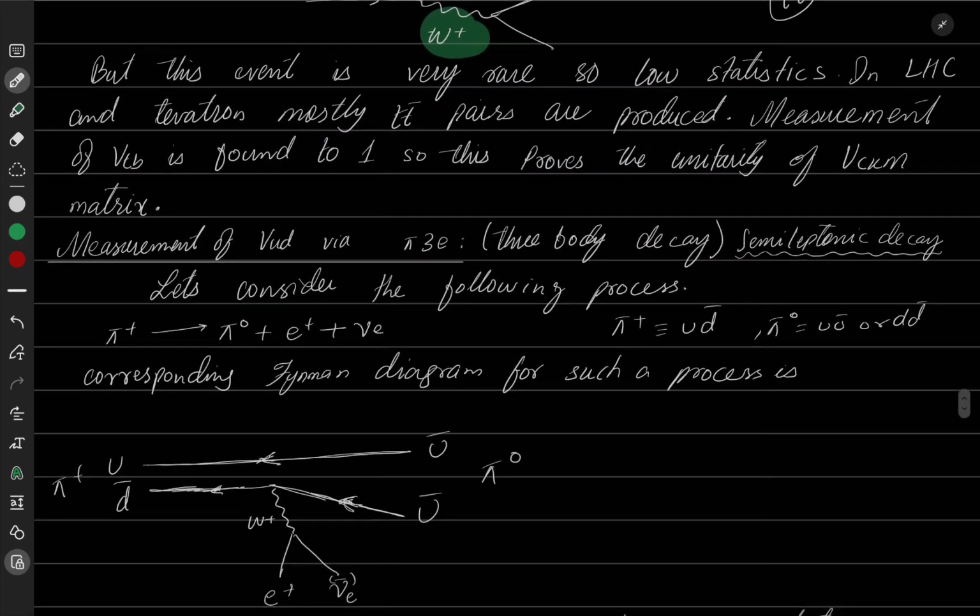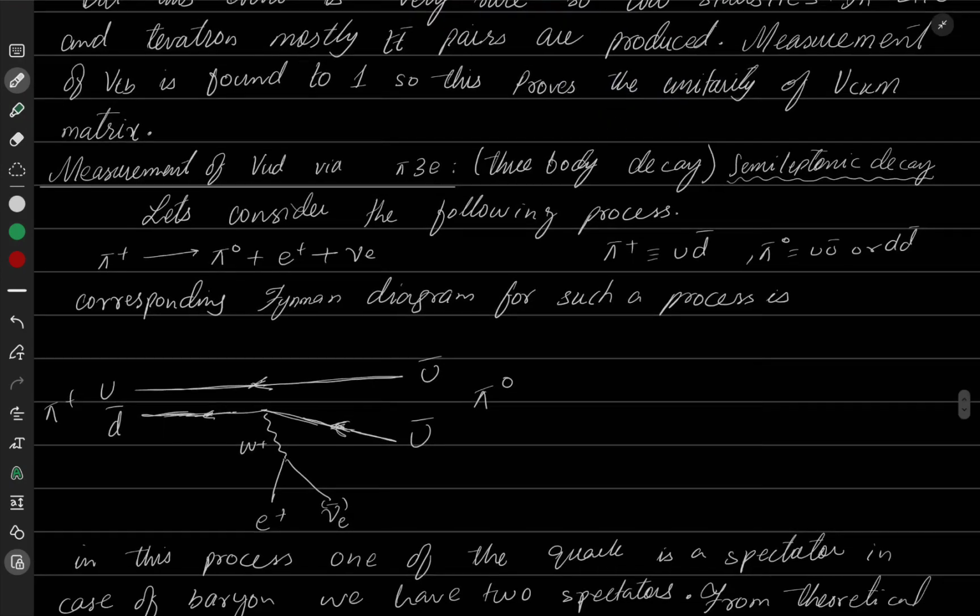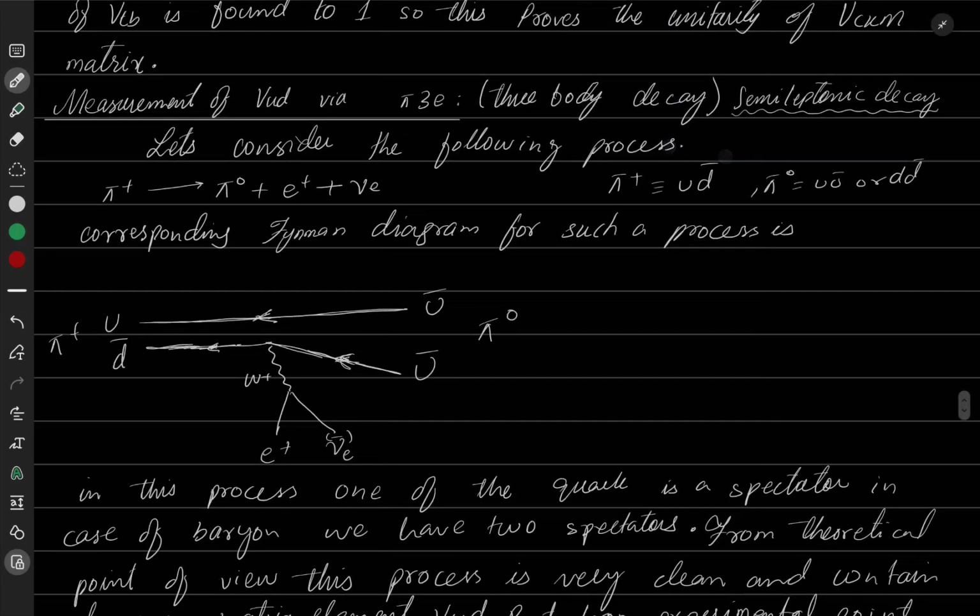Okay, now we are going to look at these semi-leptonic decays explicitly. For instance, why we are looking at these processes, at these three-body decays, is because we are interested in Vij, I mean the parameters of the CKM matrix.